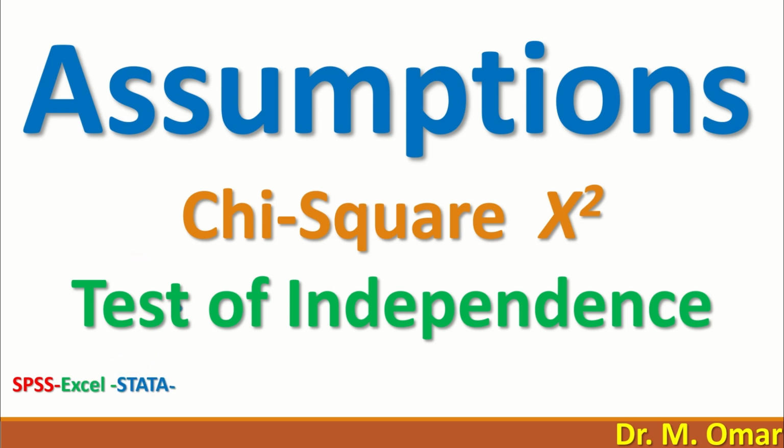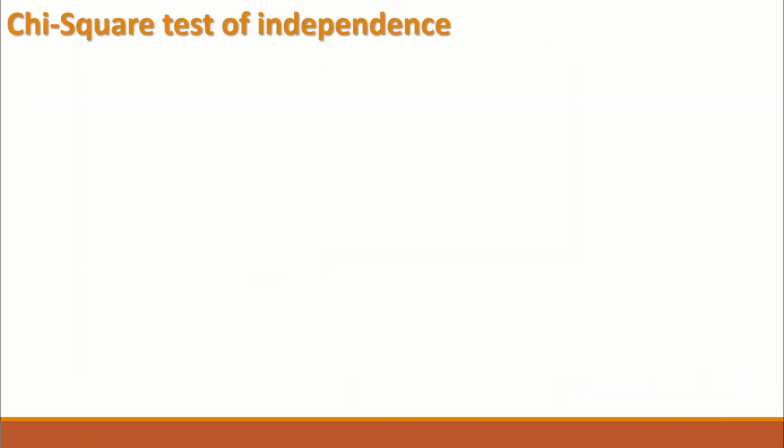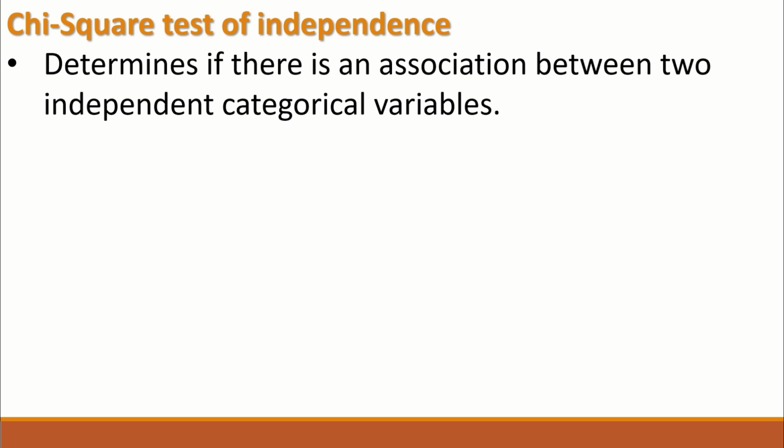Assumptions for chi-square test of independence. Chi-square test of independence is a statistical test that will determine if there is any association or relationship between two independent categorical variables.